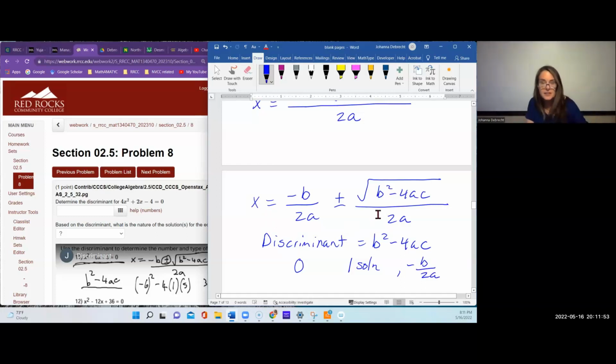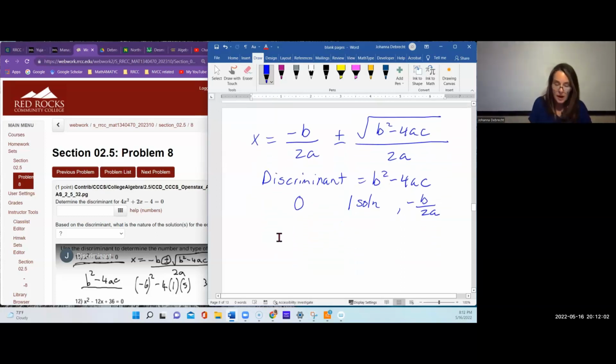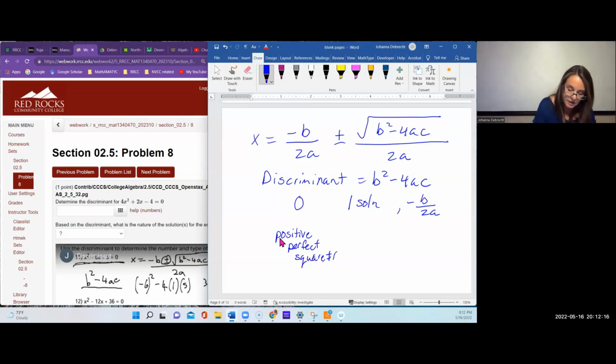What if instead of being the number 0, it were a perfect square, like 16 or 25? If the number is a positive perfect square, then we're going to get two solutions. This means it's not equal to 0, but we have a positive perfect square.